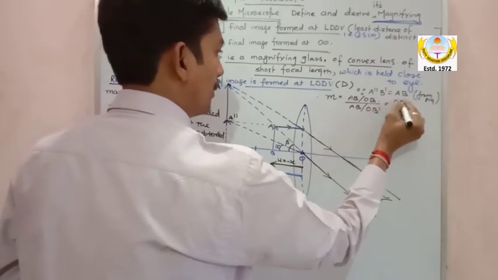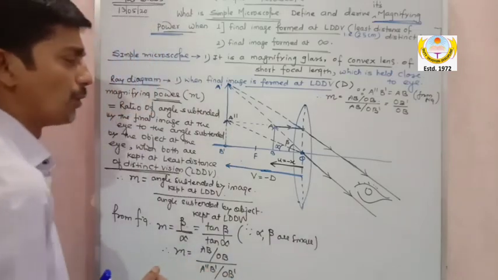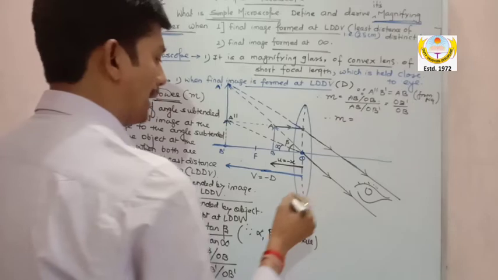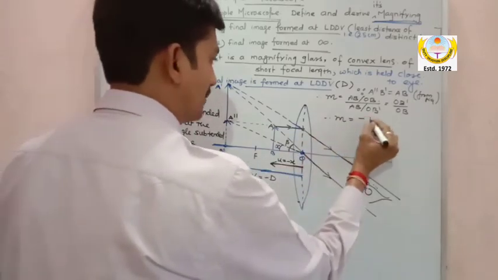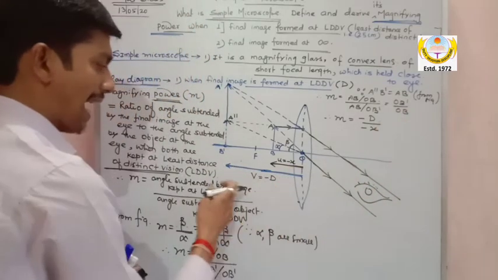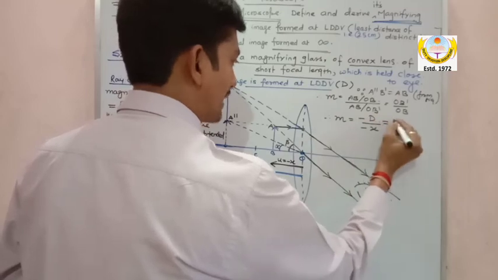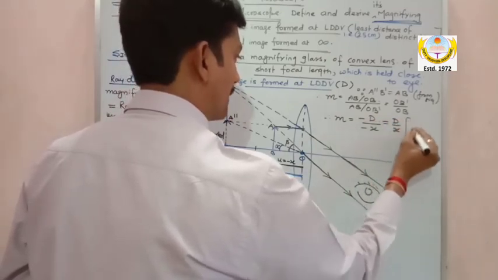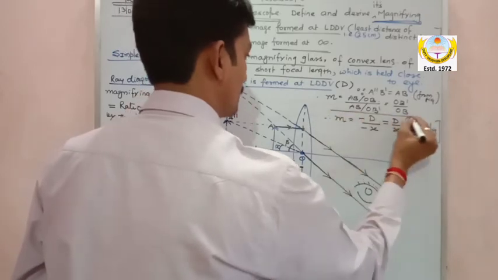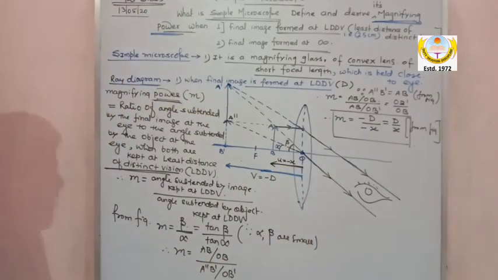This will give me OB dash divided by OB, OB dash upon OB. Therefore, small m is equal to OB dash, which is minus D, and OB is minus x. OB dash is minus d and OB is minus x, and the minus cancels, so it is d by x from the figure. I hope everybody is clear about this.